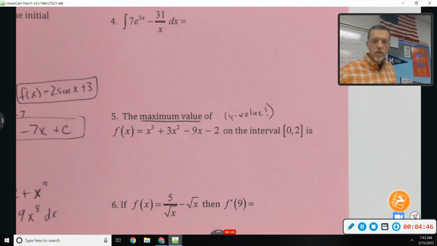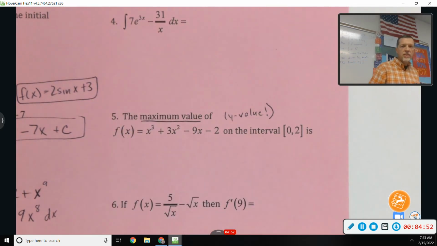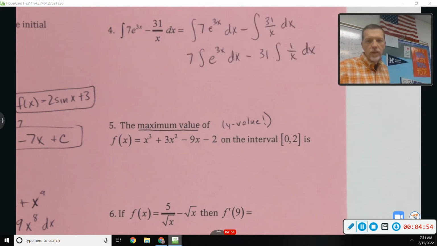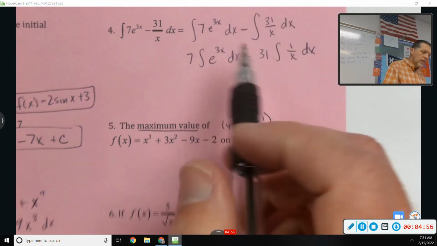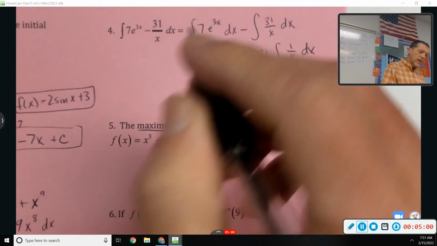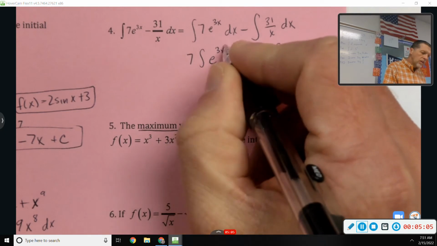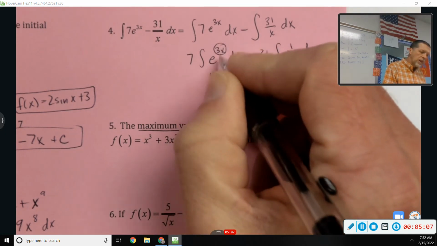Does that say 31 over x? It does. 7e to the 3x minus 31 over x. So number 4, again, split them up. Take the constants out front. The first part you can do u equals 3x, because we almost always let u be the exponent.